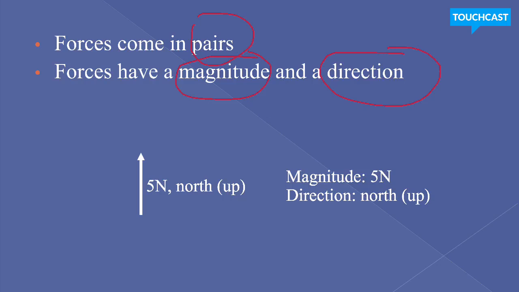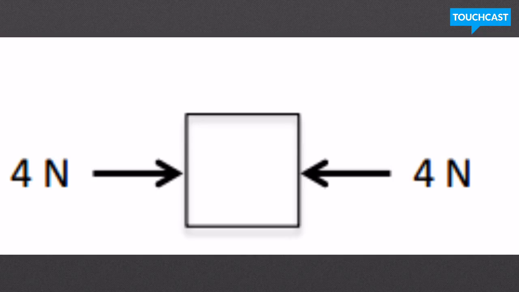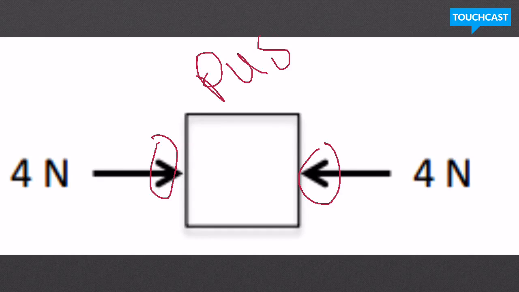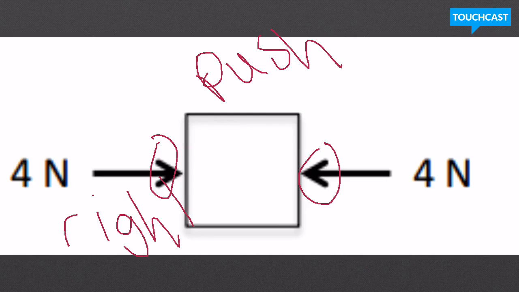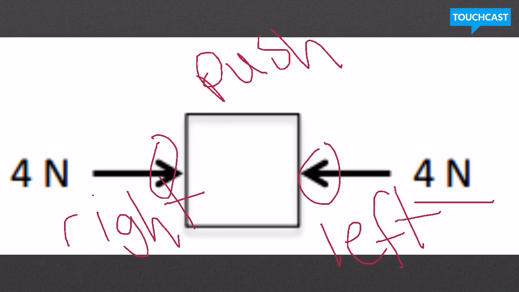So let's look at a couple examples. Alright, here's a good example here. I have this arrow and this one. These are both pushes. Okay, but let's figure out which direction they're going. The one on the left is pushing toward the right. That's the direction. And the one on the right is pushing towards the left.